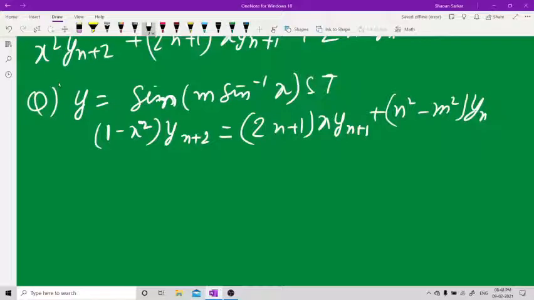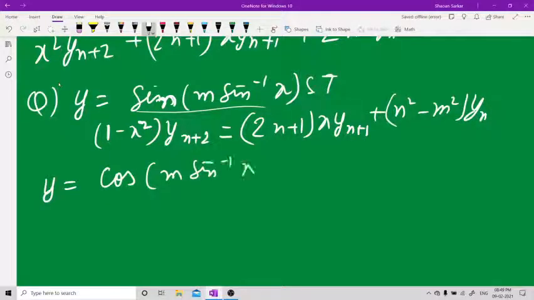So first I take y equal to sin(m sin inverse x) and take the derivative: cos(m sin inverse x) into m into 1 upon under root 1 minus x square.